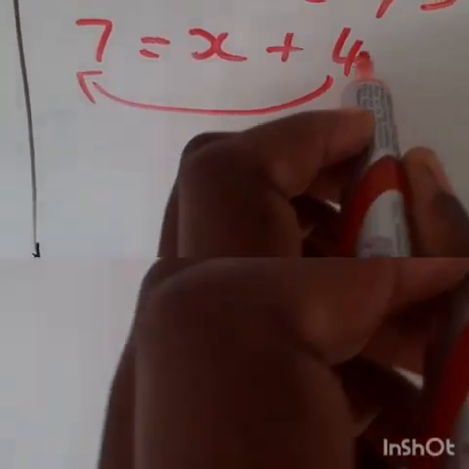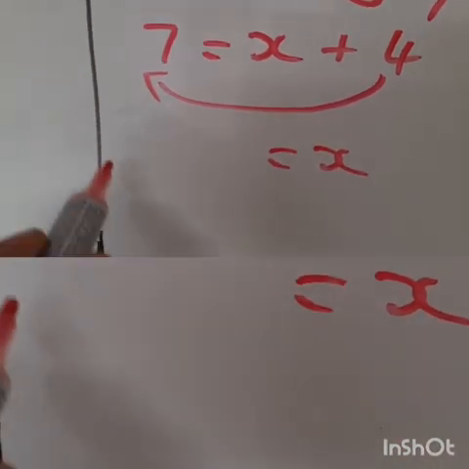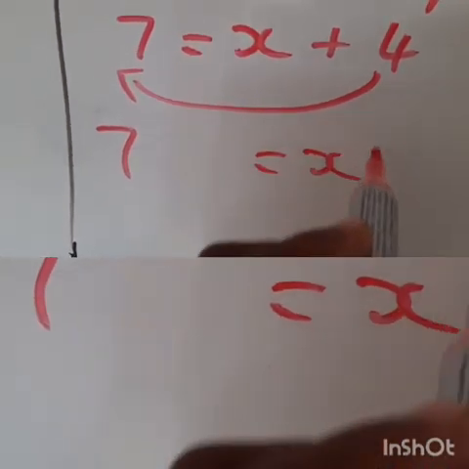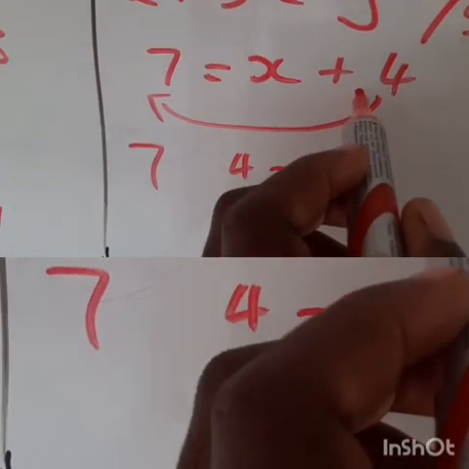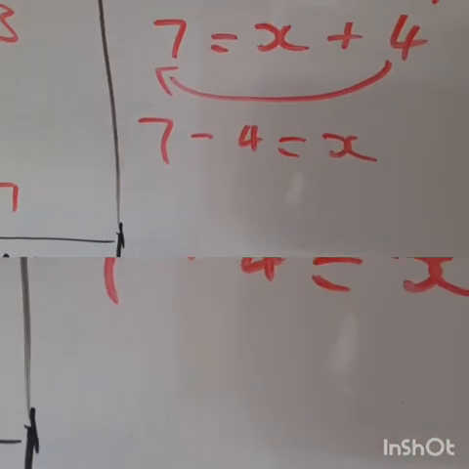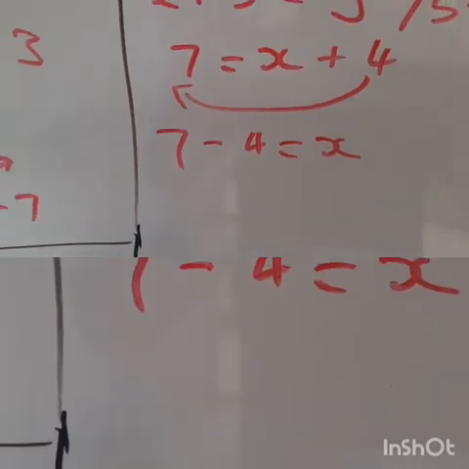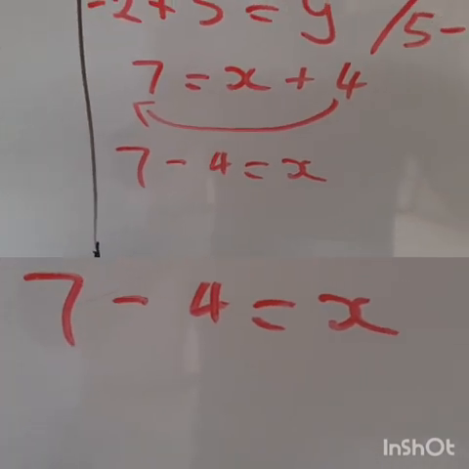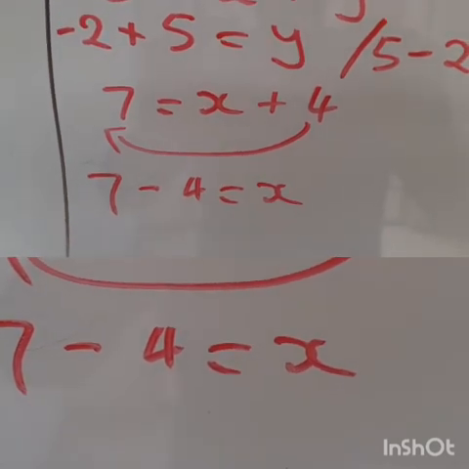If I move 4 from this side, I'm left with x here. This side I had a 7, then here's my 4, I've moved it. Since it was positive, now it becomes negative. Then I'll have my x equals 3. Therefore that's how transposing is done.